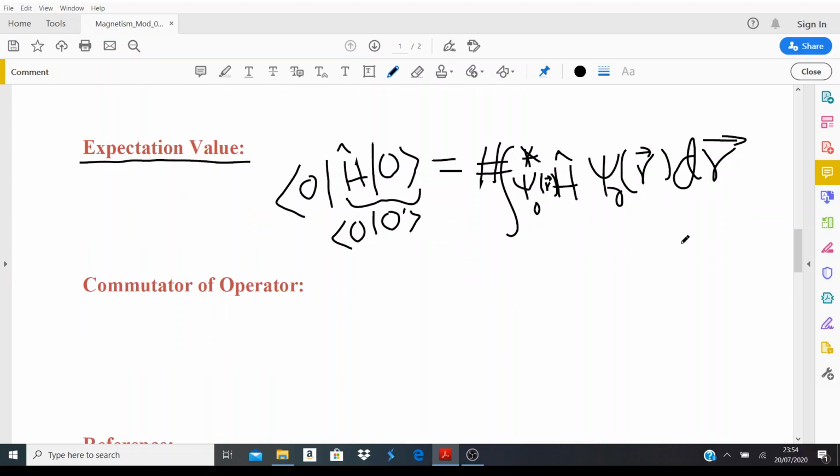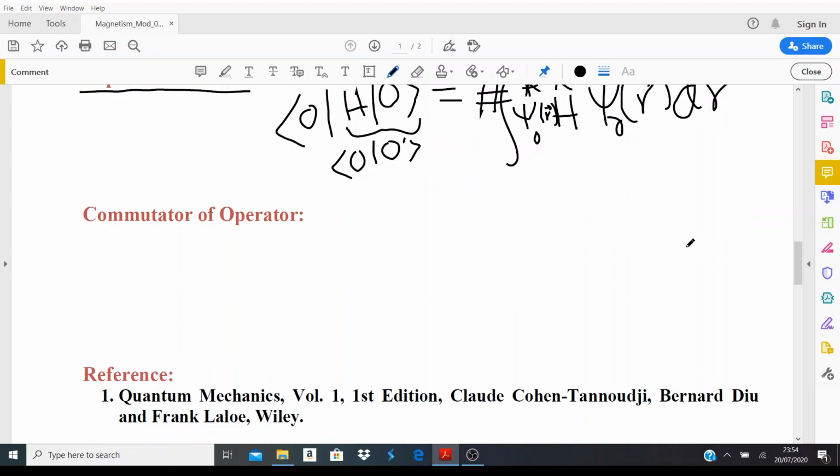Okay, and another very important concept that I introduced, I think, in the last lecture is about the commutation of the operator. And I said that usually you define this operator between two vectors. So for example, we have some operator, let's say x hat. This is the position operator, right?